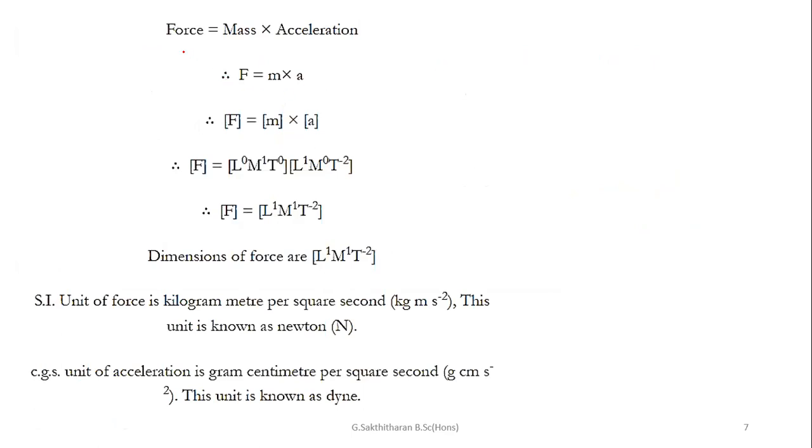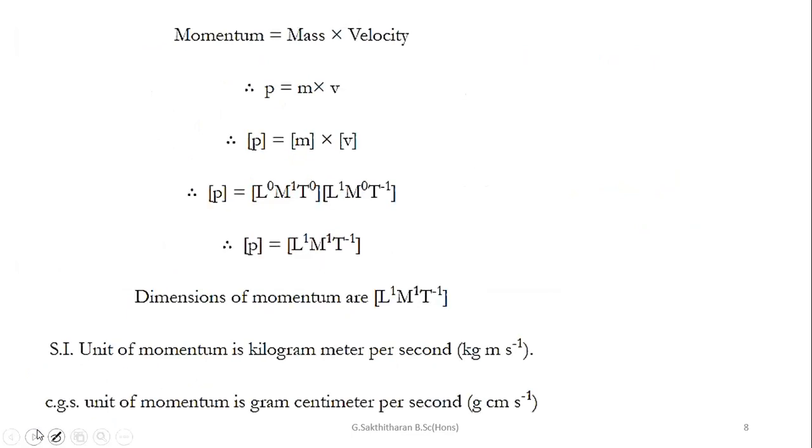So here is a force that we already wrote. Another one is momentum. The momentum is equal to mass into velocity. So the dimension of the momentum equals the dimension of the mass and the dimension of the velocity.